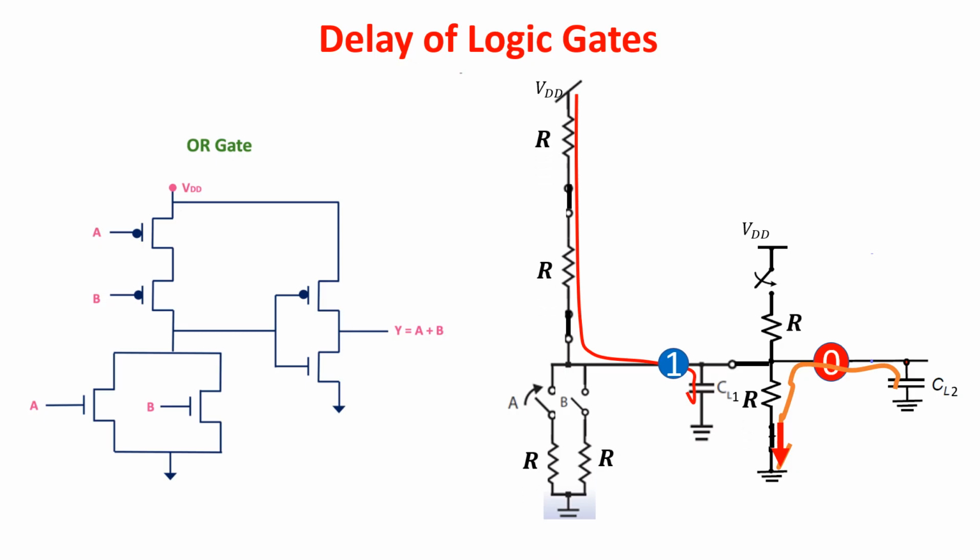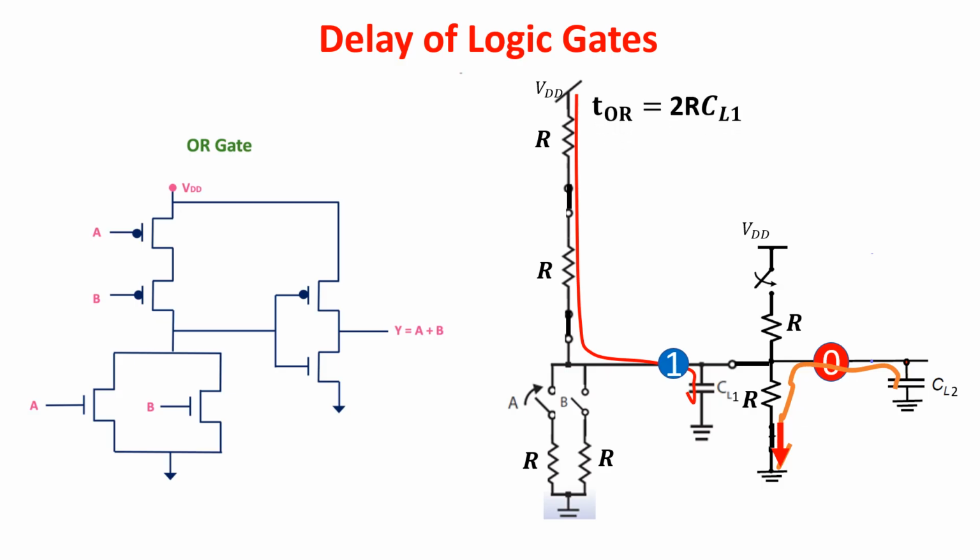To get the delay of this gate, for simplicity we assume all the resistances equal. So the total delay is given by the time we need to charge the first capacitor CL1 plus the time to charge the second capacitor CL2. This time can be expressed more or less as the resistances in the charging path times the capacitance to be charged, so 2R CL1.